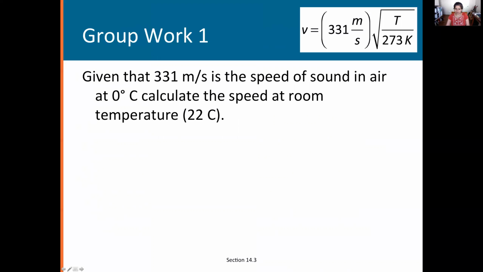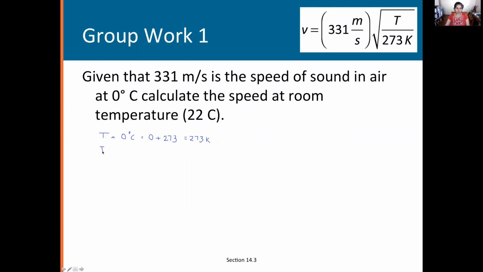Let me get my Kelvin temperatures for both of them, actually. So the initial temperature at 0 degrees is going to be 0 plus 273 Kelvin, which is just the same as 273 Kelvin, right? We've done this before.